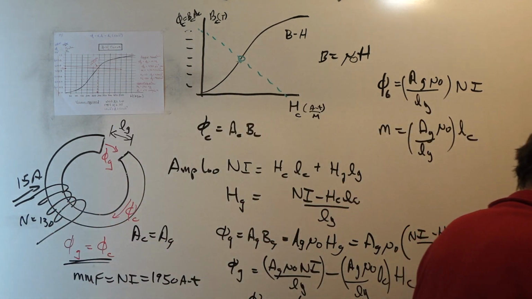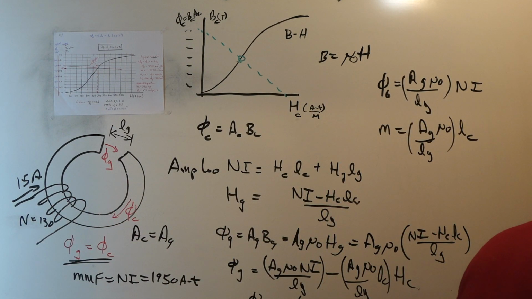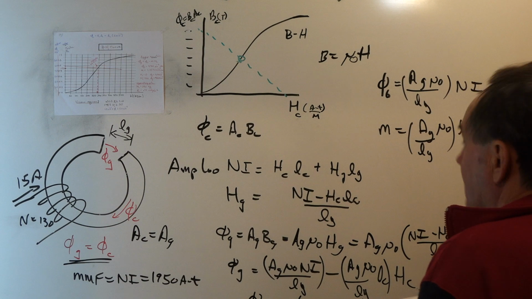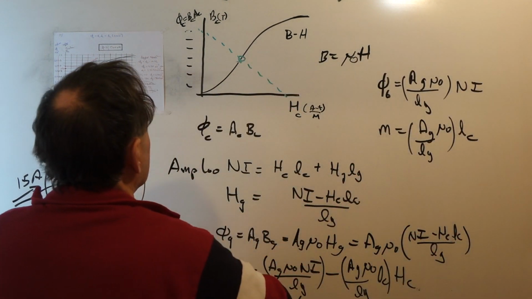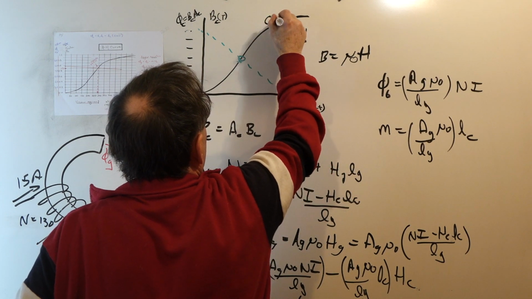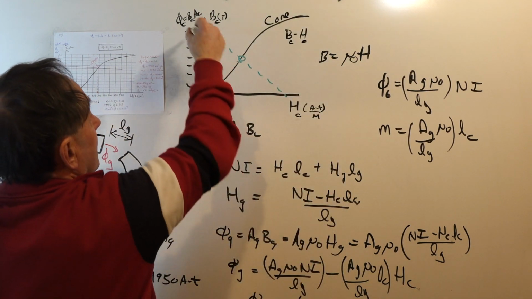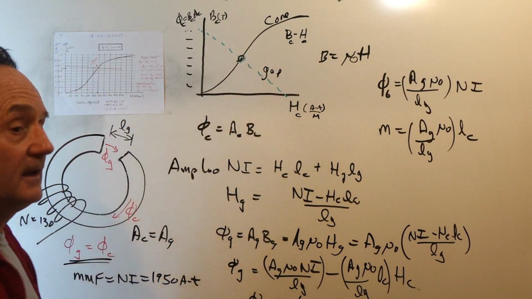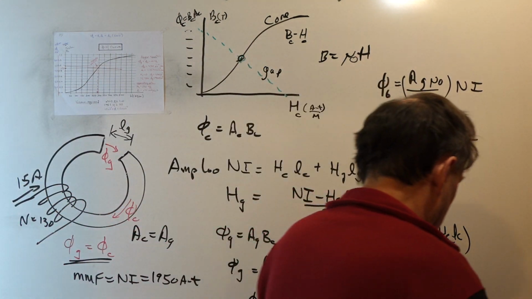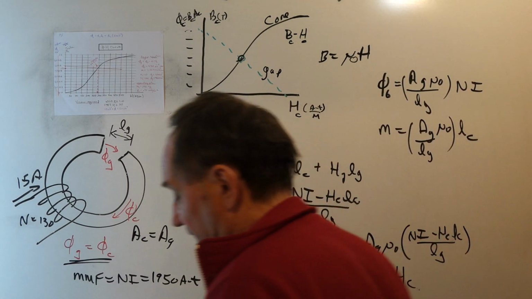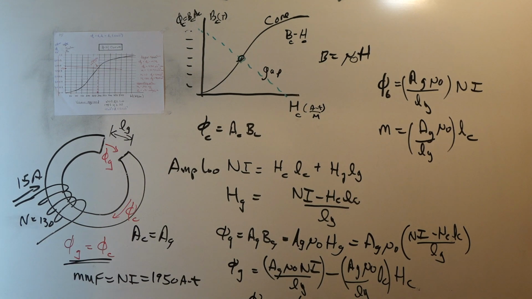All right, let's put in our values and see what we have. This, again, is the BH curve. This is for our core. This is the curve for the core, and the straight line is for the gap, and where they meet is the operating point. So let's look at the problem using our 2.5 millimeter gap.